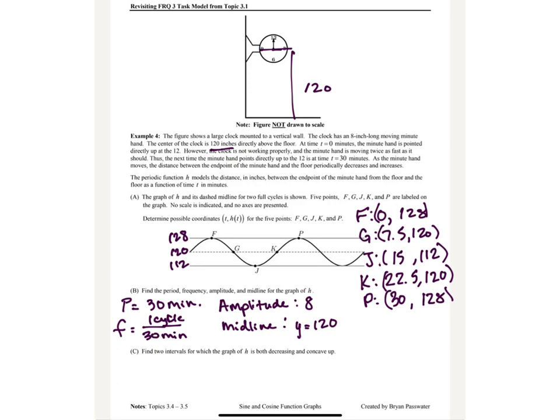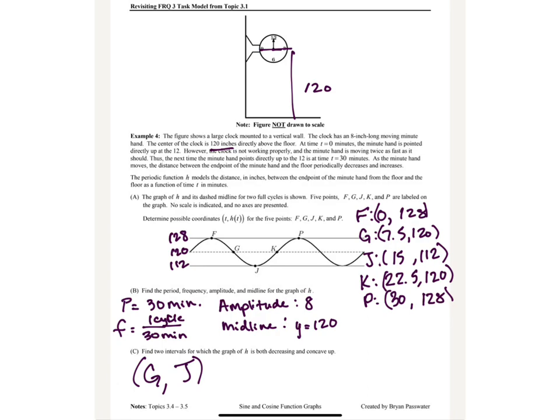Okay, find the two intervals for which the graph of H is both decreasing and concave up. Decreasing and concave up, like a cup. G to J. And? F to J. Is it F to G? Decreasing and concave up.